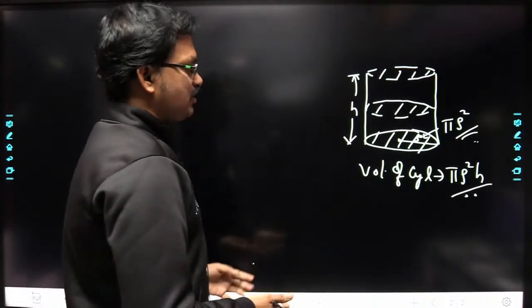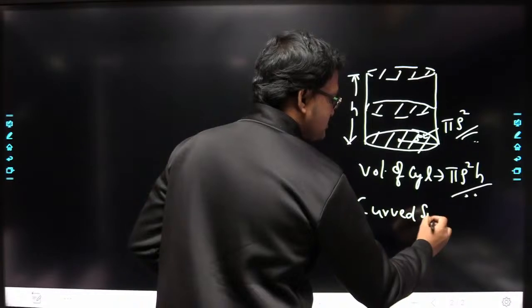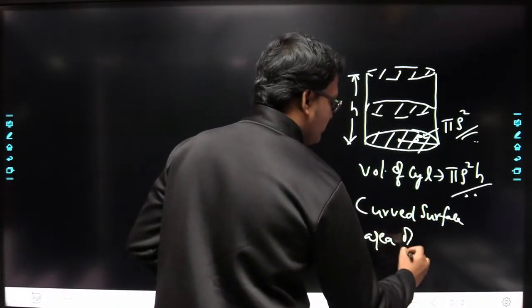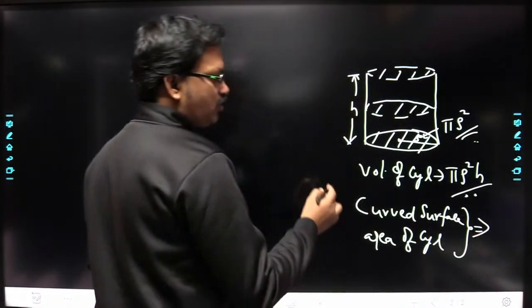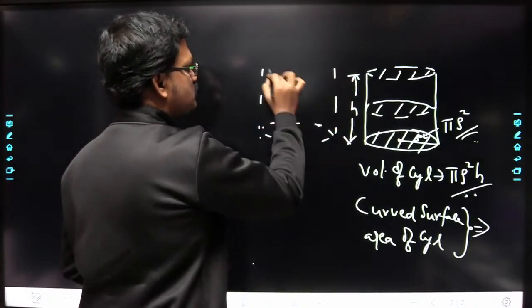Now what is the curved surface area of the cylinder here? So what we got? You have to place circular rings one upon the other up to some height h.